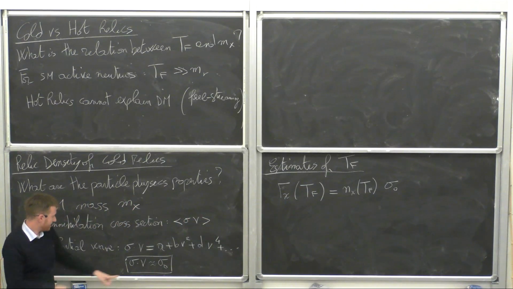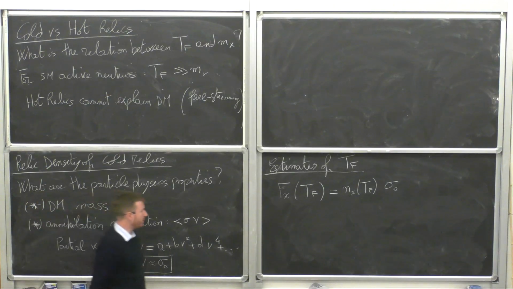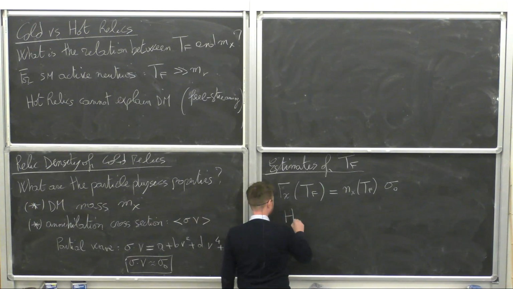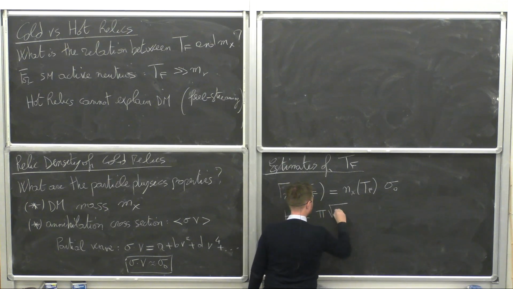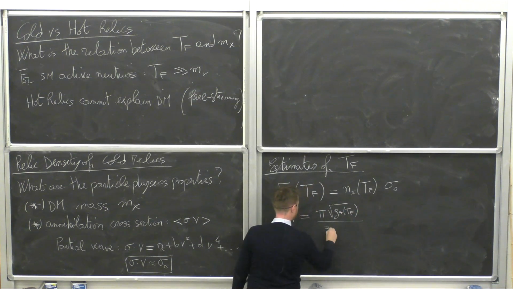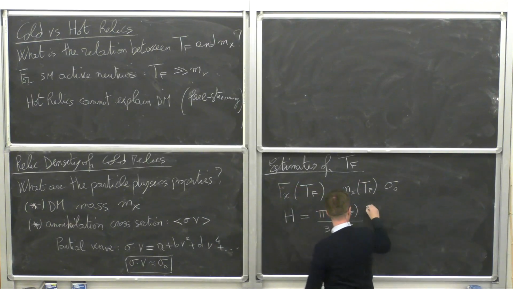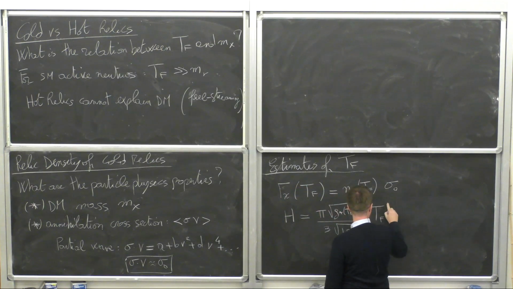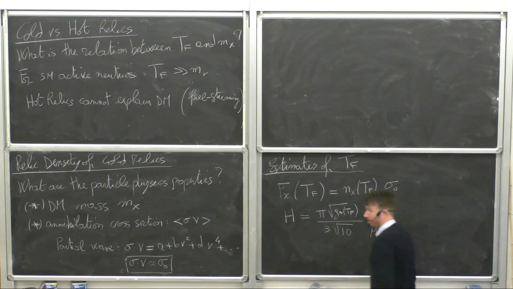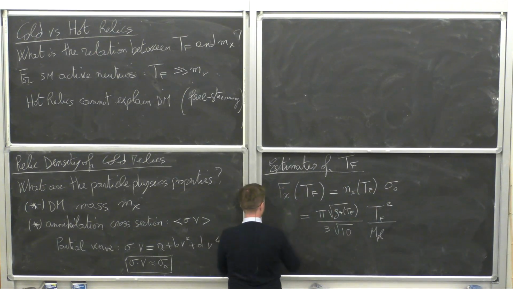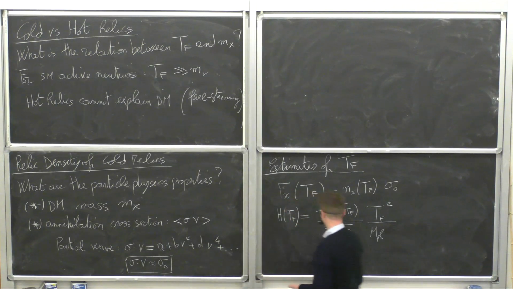Sigma 0 is this. And then Hubble at freeze out is pi times the square root of G star at TF over 3 square root of 10, times TF squared over Planck.